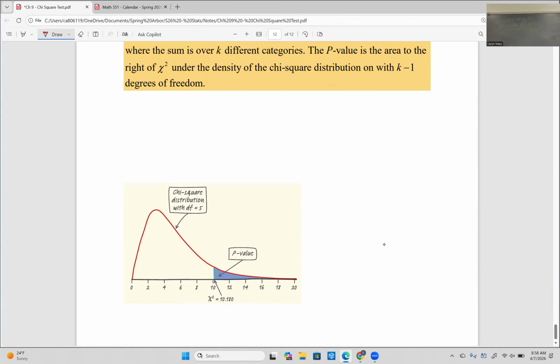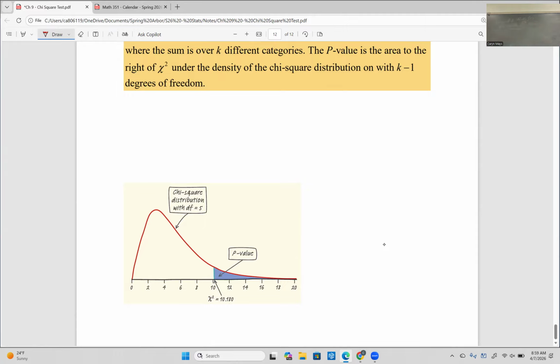So this is actually pointing out we got 10.18. This is the chi-square distribution with degrees of freedom 5. And what we found when we found the p-value was the area to the right of that line. And so that area was that small p-value.